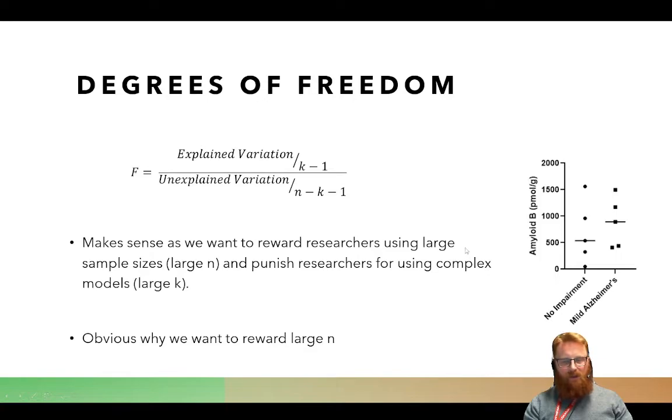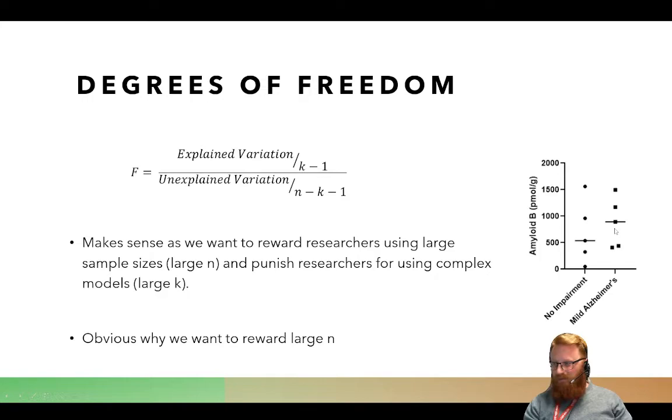And in a way, that makes sort of sense, right? Because we want to reward researchers using large sample sizes, and we want to punish researchers for using complex models. So it should be obvious why we want to reward n. Here are some data points: this is the amyloid beta in the plasma of impaired subjects and people with mild Alzheimer's.